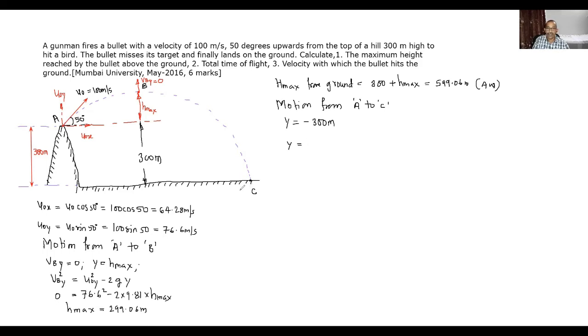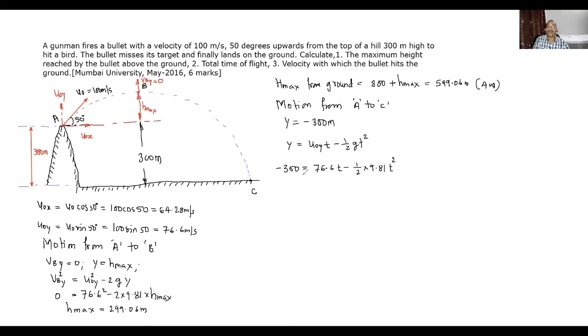So if we apply the equation of motion from A to C for y, the equation is y equals u0y t minus half g t square. y is minus 300 meters. u0y we already calculated, it is 76.6 into t minus half g, g is 9.81 into t square.